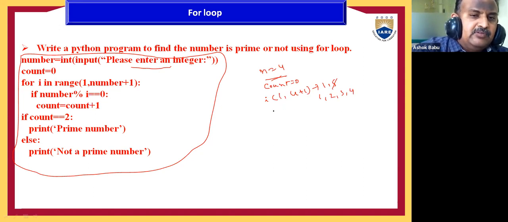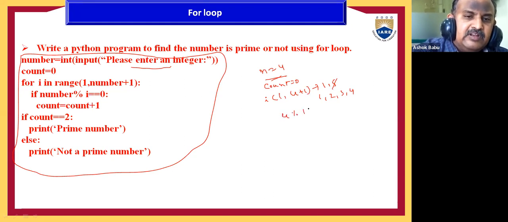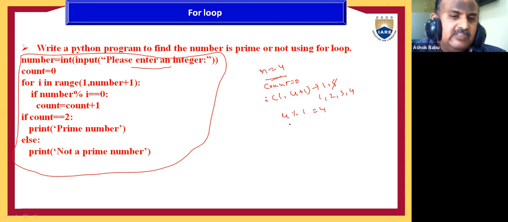Next, if number % i equal to 0. Let us assume the number is 4. The i values are 1, 2, 3, 4. First i value is 1: 4 % 1 equal to 0. Then next iteration, 4 % 2 equal to 0.